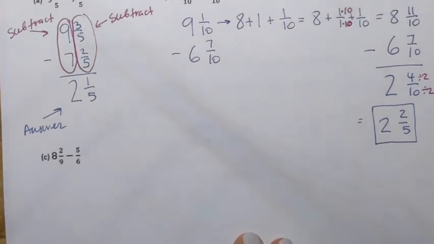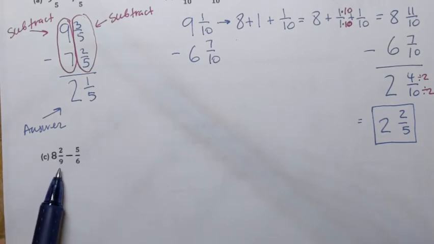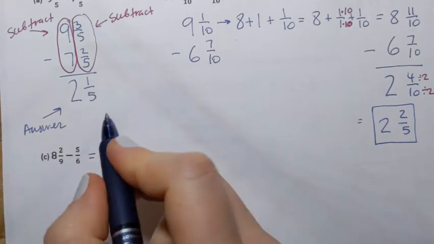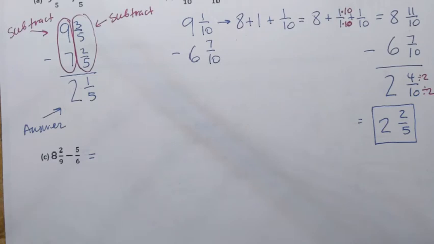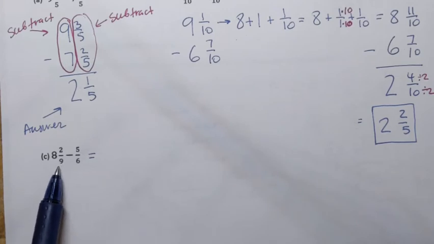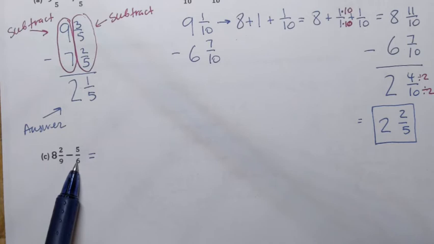So we have last example right here. First of all, I noticed that in this example, denominators are not the same for fractions. So first I will rewrite fractions so that they have same denominator. Now, denominators are 9 and 6. What will be the LCD? What is the smallest number that I can divide by 9 and by 6?